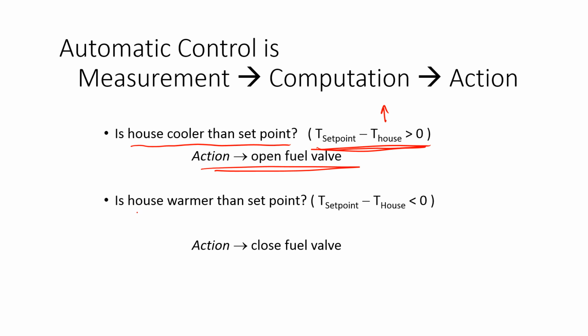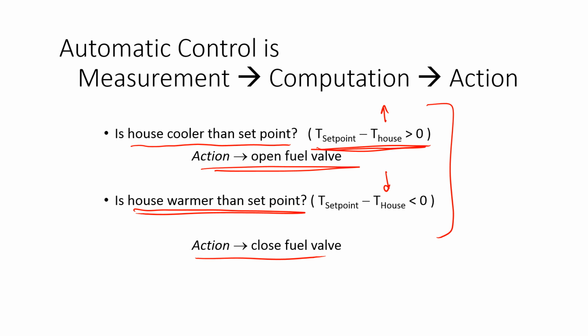But if the house is warmer than the set point, then we are going to close the fuel valve to lower the home temperature. So that's just a very basic automatic control scheme. This scheme right here is called on-off control.